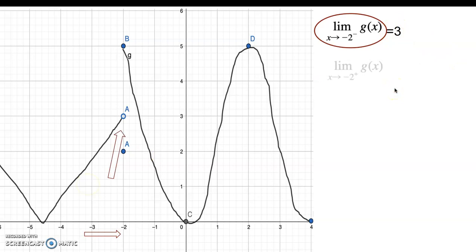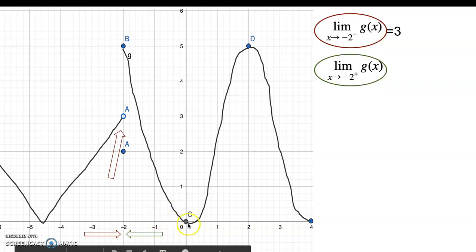And so now moving on, we have the limit of g of x as x approaches negative 2 from the right side, or the positive side. And so we're going to be looking at this side right here. And we see that as x approaches negative 2 from the right side of the graph, then g of x approaches 5.